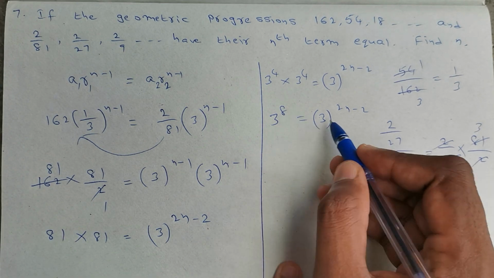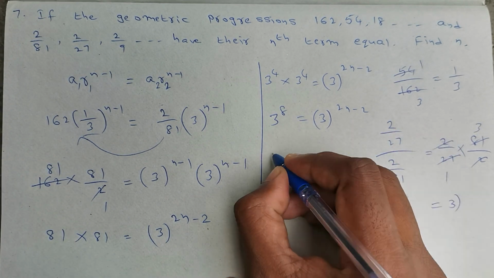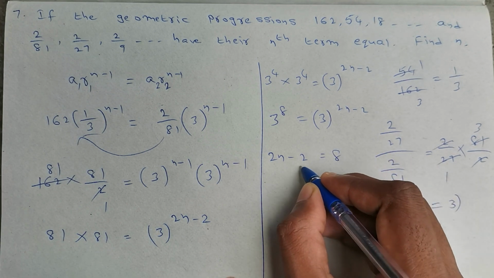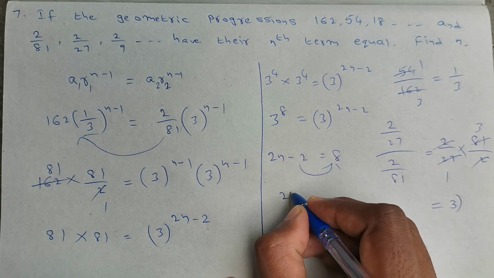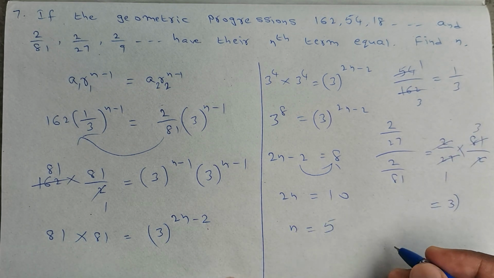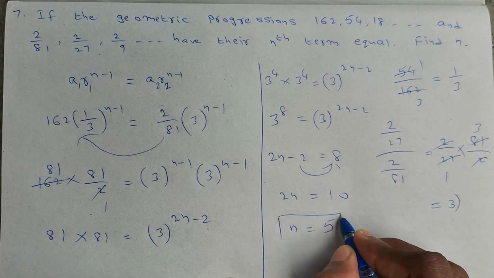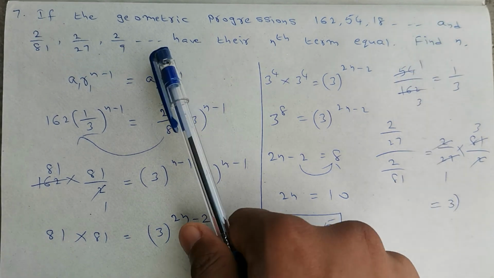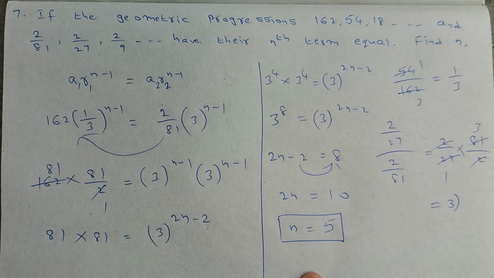Here bases are equal, so obviously the powers are also equal to each other. So 2n minus 2 is equal to 8. Minus 2, if you take to the other side, becomes plus 2. So 2n is equal to 10. Then n is equal to 10 by 2, that is 5. It means the fifth terms of both the GPs are equal.